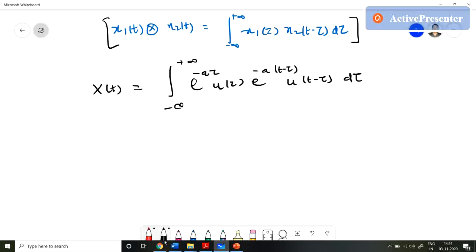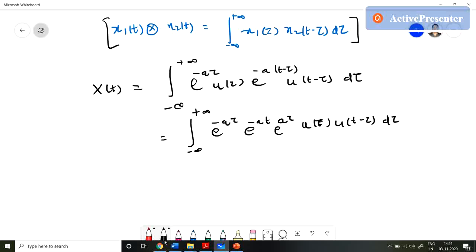d tau. Now it is equal to the integral from minus infinity to plus infinity of e raised to the power minus a tau, e raised to the power minus at, e raised to the power plus a tau, u(t minus tau) d tau. This is the relation.